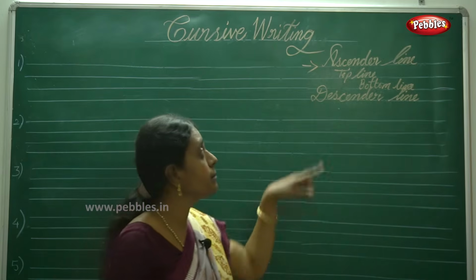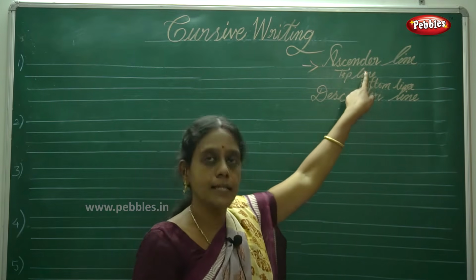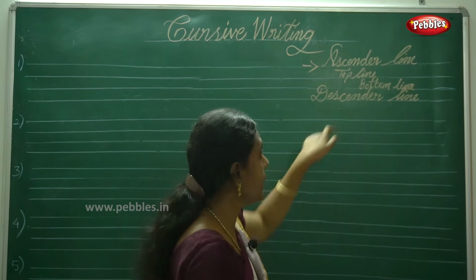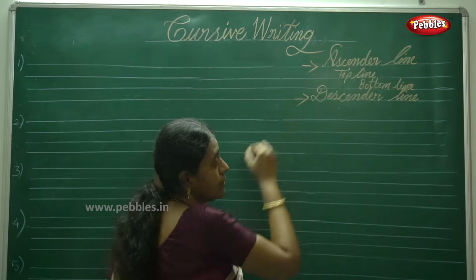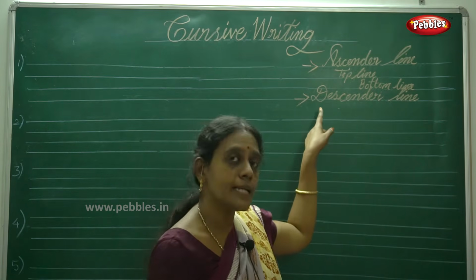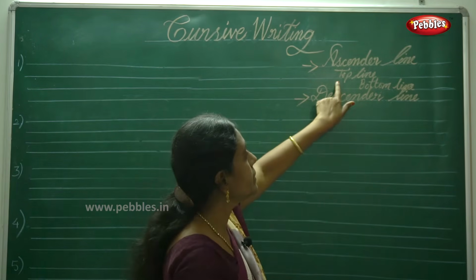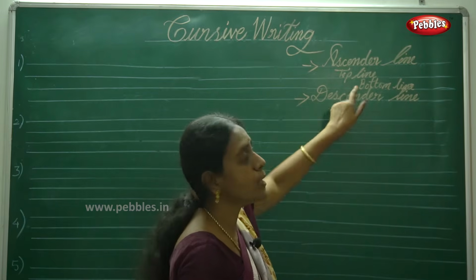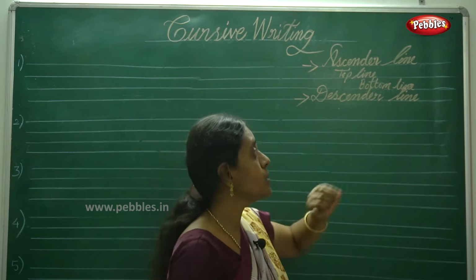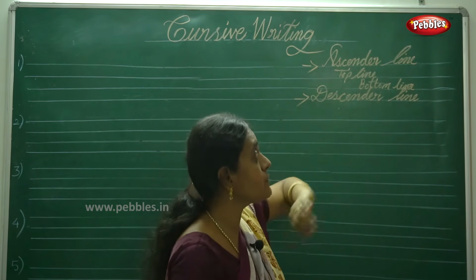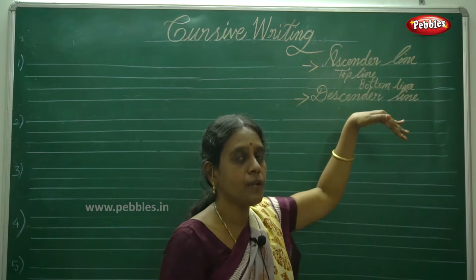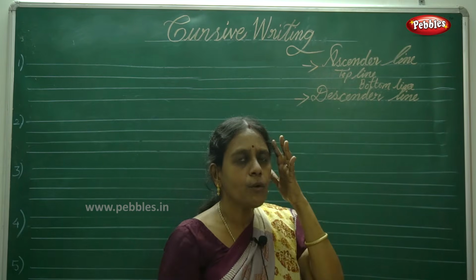In your notebook, the top line is the ascender line. Then the lowermost red line is called the descender line. Then the top line, and the second one is the bottom line. First you have to know all the names of the lines. Just register it in your mind.